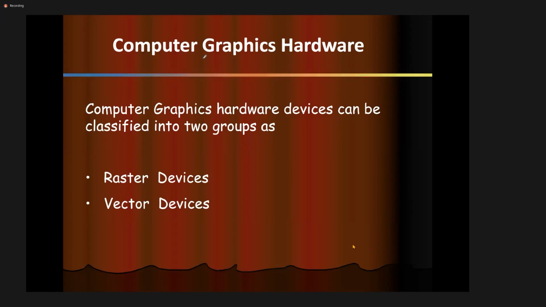Now, my question is, when you take a raster graphic, how do you know that it is pixel based or not?